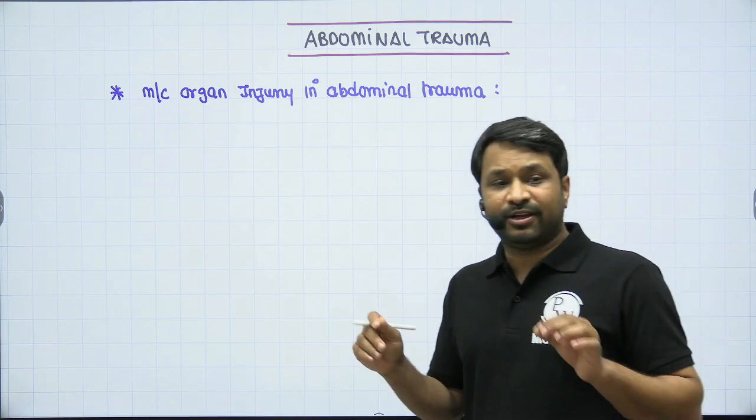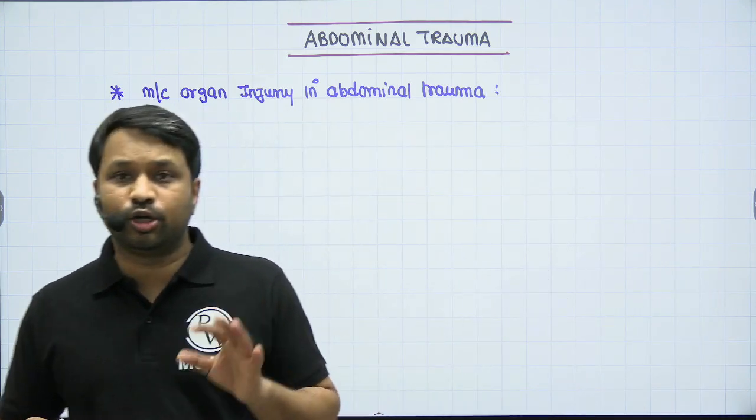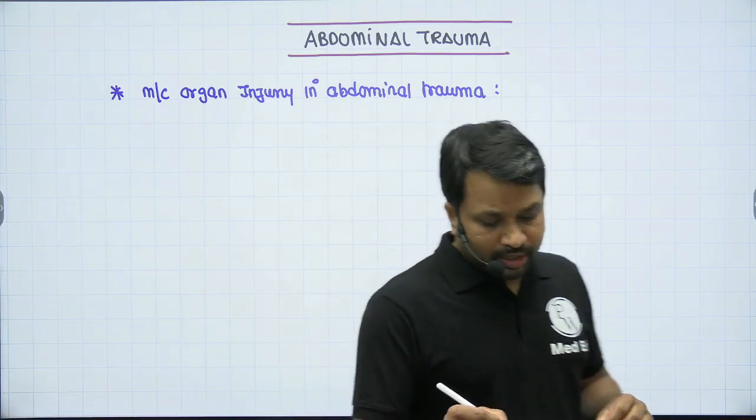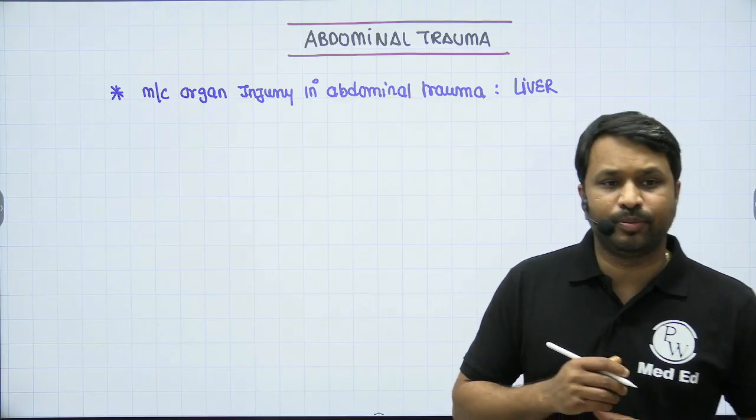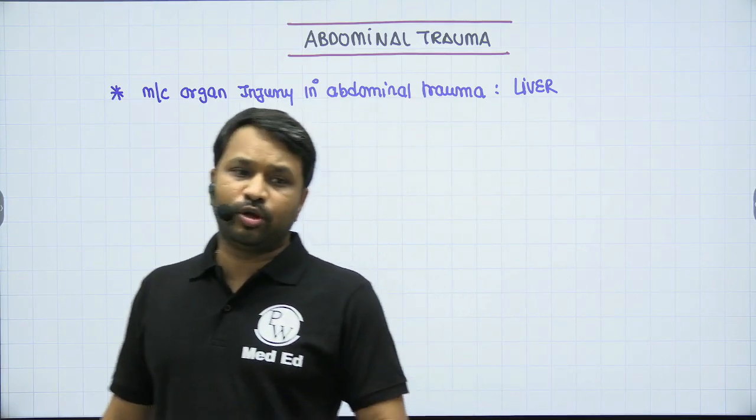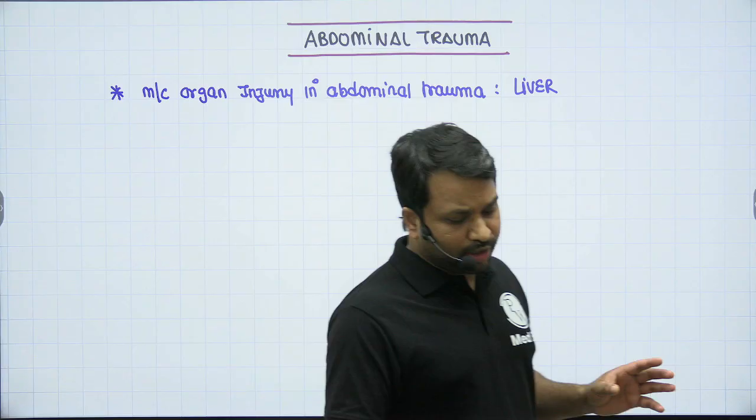I'm not saying whether you're talking about blunt trauma abdomen or penetrating trauma abdomen. With respect to the combined consensus, the answer is going to be liver. So overall, the most common organ injury in abdominal trauma is going to be liver.